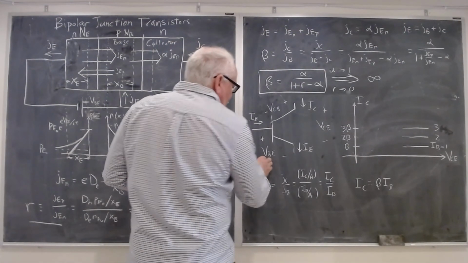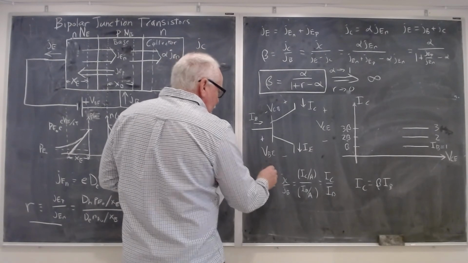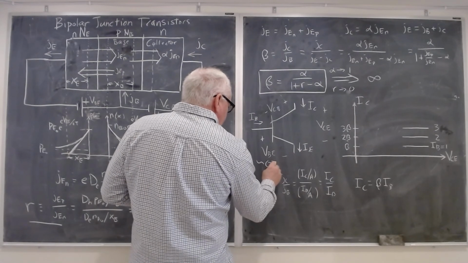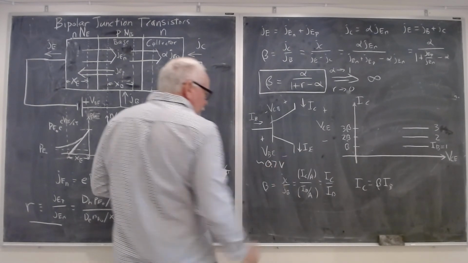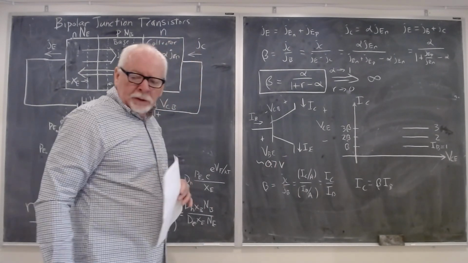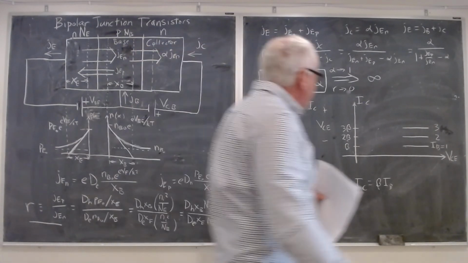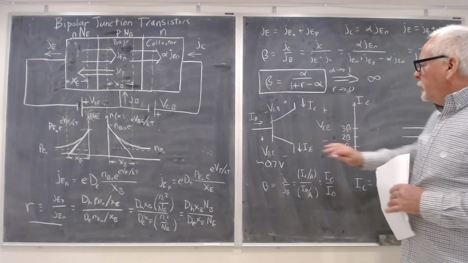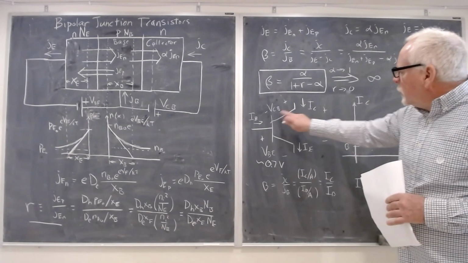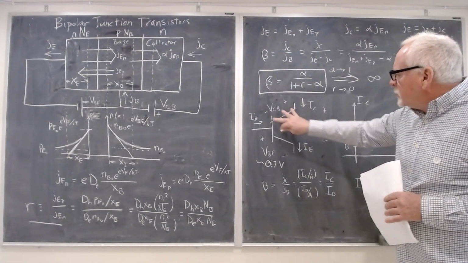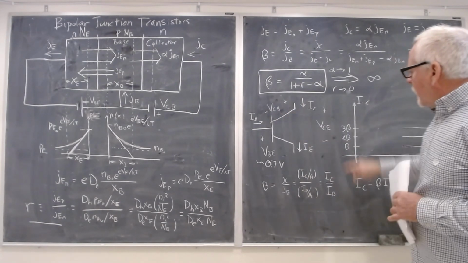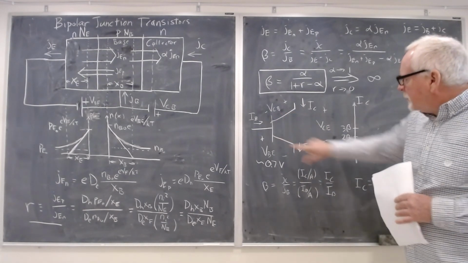So you know when you forward bias a PN junction, VBE is going to be around 0.7 volts, right? That's roughly what it works out to be. And so for this all to work, this has to be reverse biased, which means this has to be a positive voltage. Now, that voltage again is VCE minus VBE.